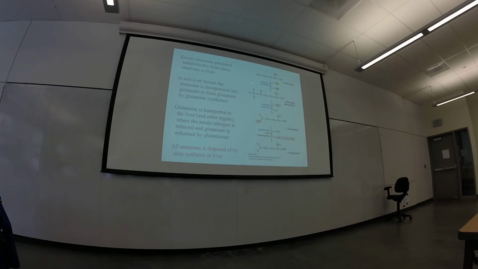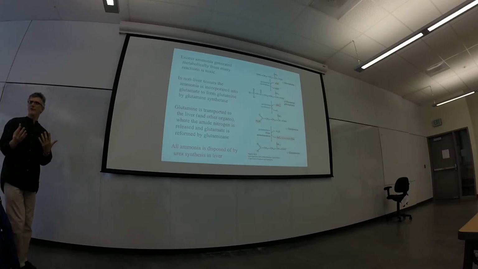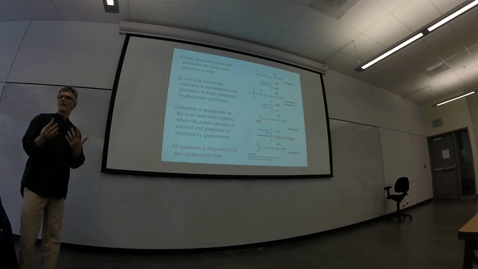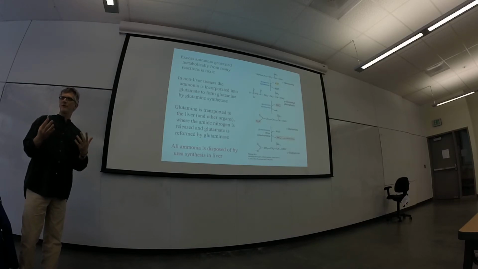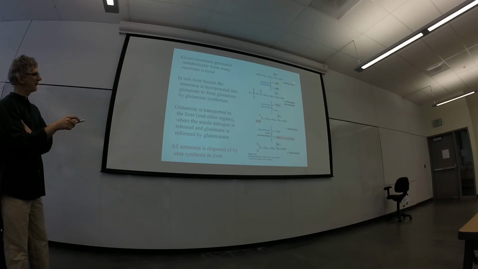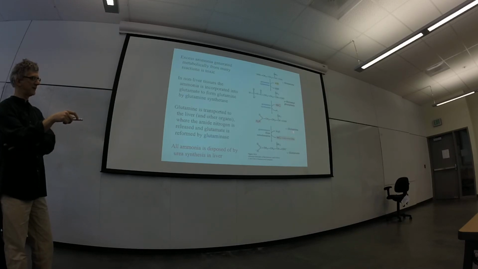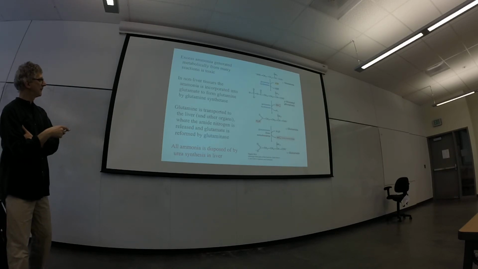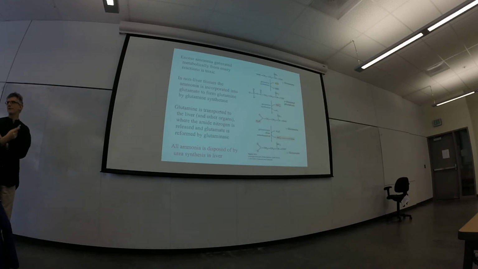If you're collecting nitrogen in muscle cells that needs to be excreted, and there's not really a functioning urea cycle to build up urea and send it out to the kidneys, which is what the liver does, then this process can incorporate excess ammonium in the muscle to generate glutamine, and then the glutamine has to go out through the blood to get to the liver, and then this glutaminase acts in the liver. So this is liver here, and this is muscle, for example. But it's also other tissues besides muscle.